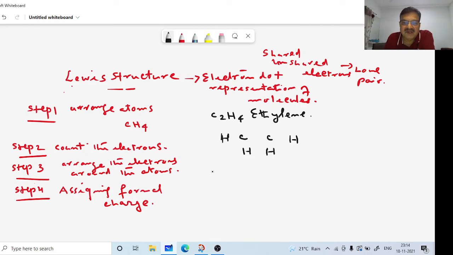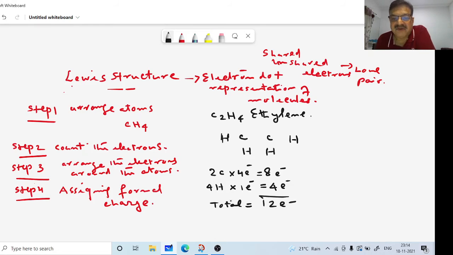Count the electrons. How many electrons? There are 2 carbons, so 2 carbons into 4 electrons each gives you 8 electrons. Then 4 hydrogens into 1 electron each gives 4 electrons. Therefore the total is 12 electrons.